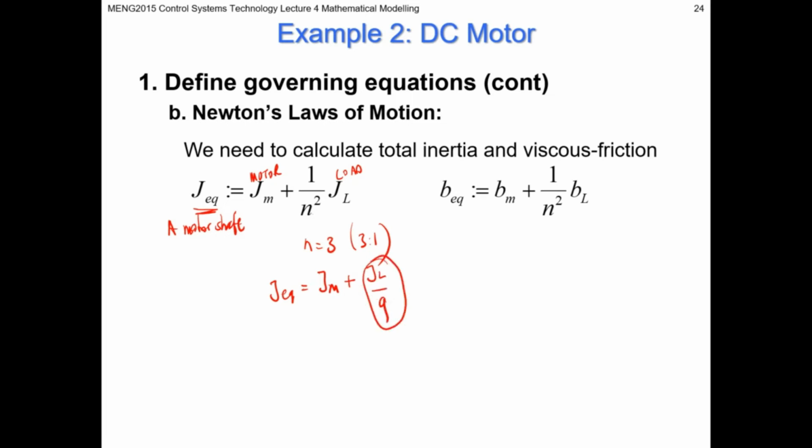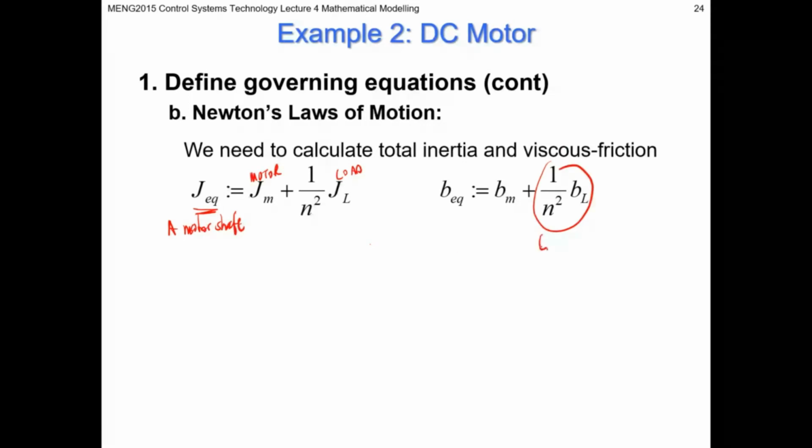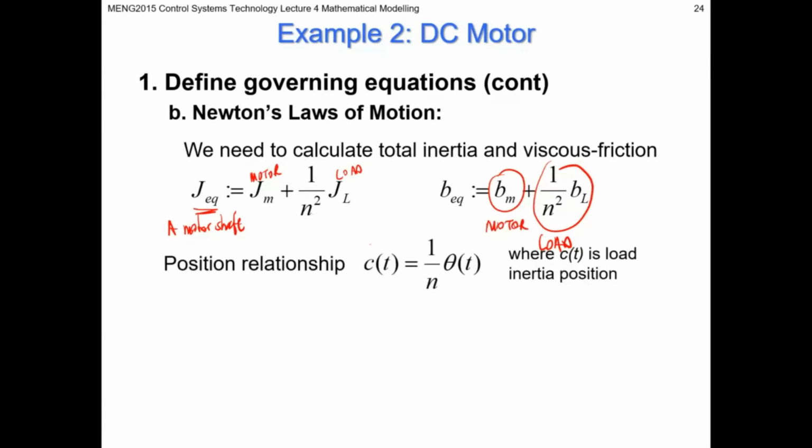So you're really reducing the effect of the load inertia by applying that transmission ratio, but it's a function of n squared. And likewise for the friction, the load friction divided by the ratio squared gives you the load part of the friction, and this part is the motor part. So you add them together to get the overall effect.